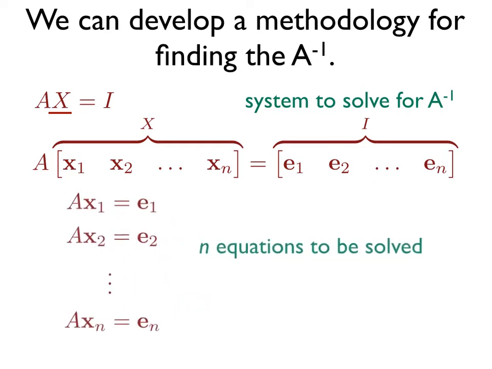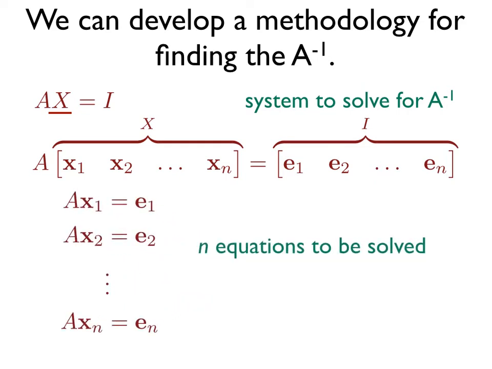So if we multiply that out, we get n equations that have to be solved, namely that A times x1 is equal to E1, A times x2 is equal to E2, all the way to A times x sub n is equal to E sub n.